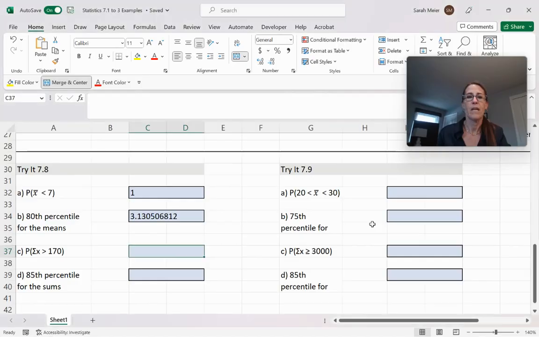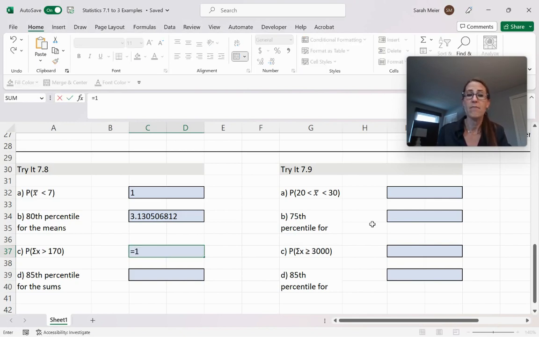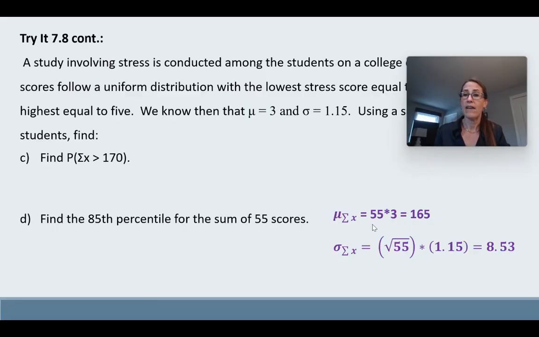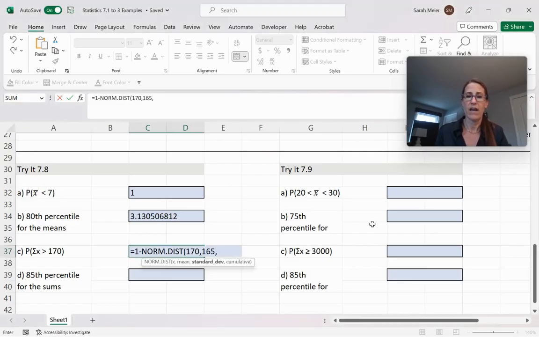So 165 and 8.53. In here, greater than, so we're going to have equals 1 minus our normal distribution. Our x here is 170. We want to know the probability that the sum of the scores is greater than 170. The mean we saw is 55 times 3, or 165.